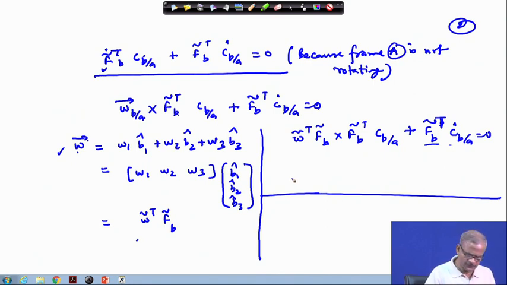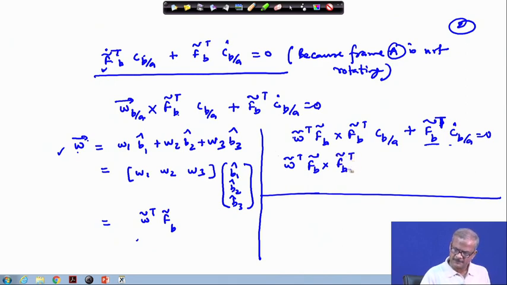So, what now we have to use here is this result: omega tilde transpose times f tilde b cross f tilde transpose b.